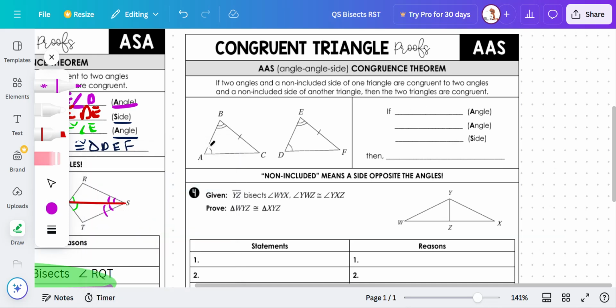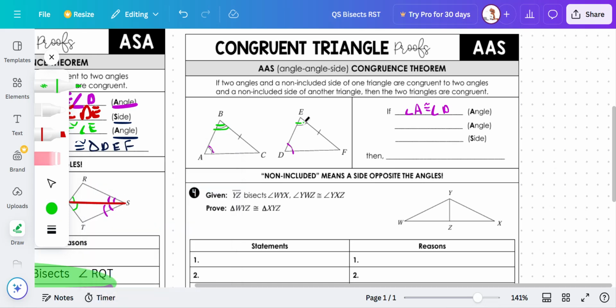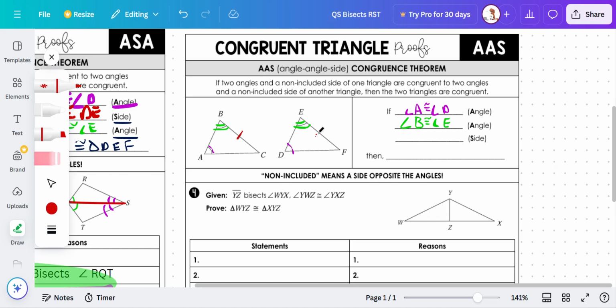So we have an angle, here we have angle A and D. We have another angle, angle E. And then last but not least, we have a side that is not between both of them. BC is congruent to EF.